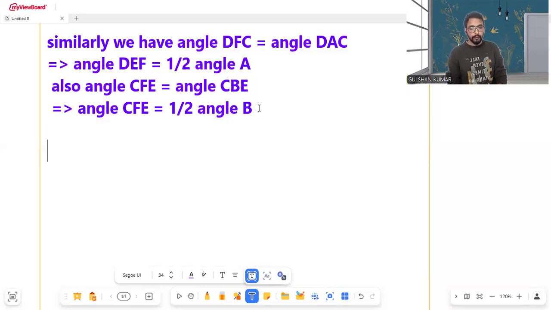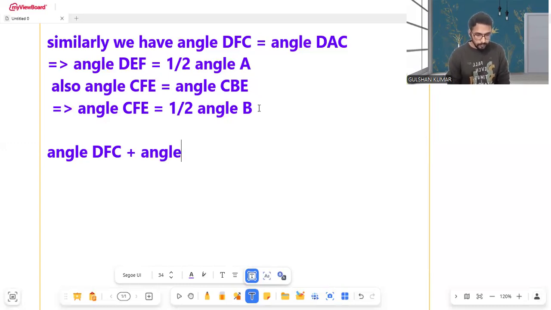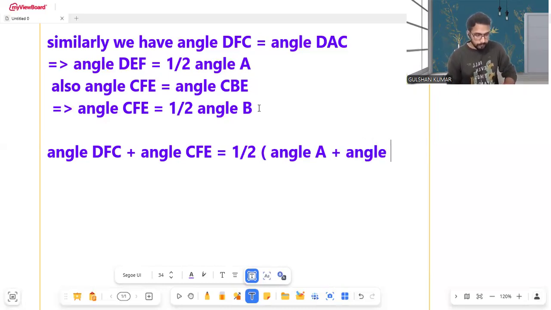Now adding both of them, that will be angle DFC plus angle CFE, because both are on the same segment. So this will be equal to half of angle A plus angle B. Okay.